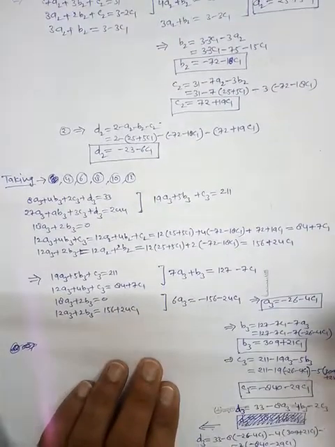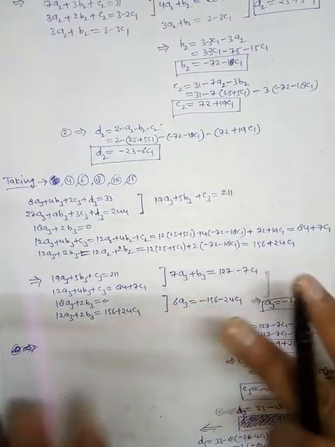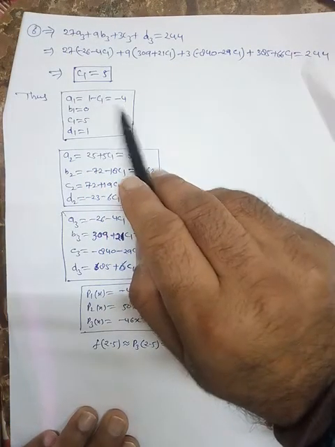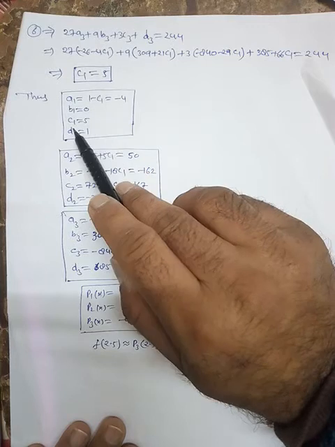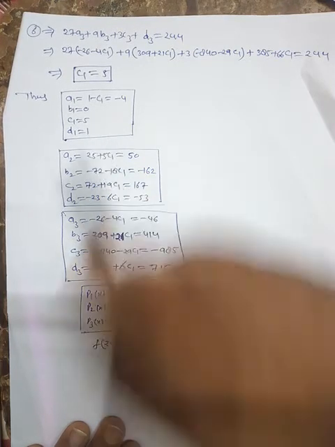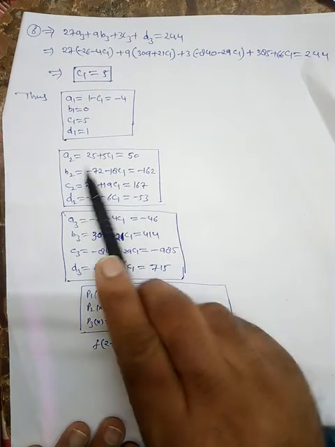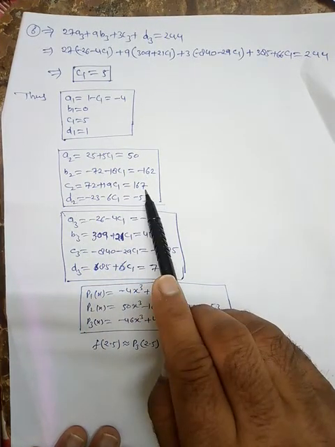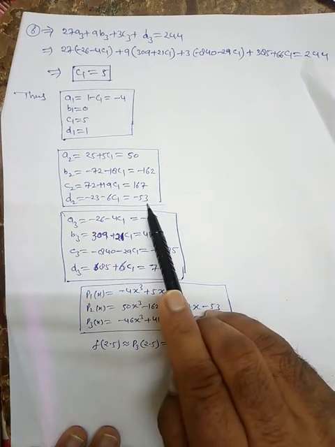After solving this overall system, we have the solution: a1 is equal to minus 4, b1 is equal to 0, c1 is 5, d1 is 1. Then a2 is 50, b2 is minus 162, c2 is 167, d2 is minus 53.